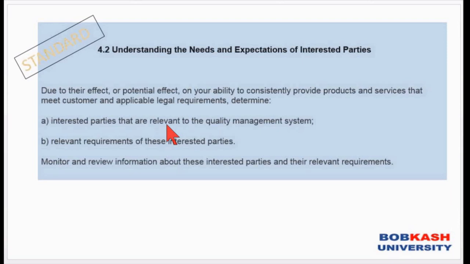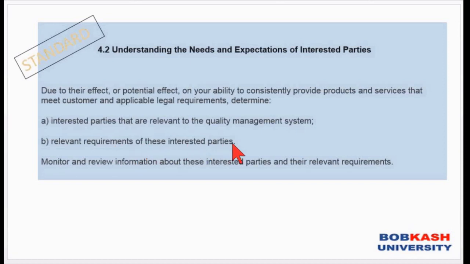So 4.2 covers interested parties, people who affect or can affect the ability of the organization to perform, and should be relevant to the quality management system. Once you have identified such parties in the organization, in part A, part B says then you have to determine the requirements of these interested parties.